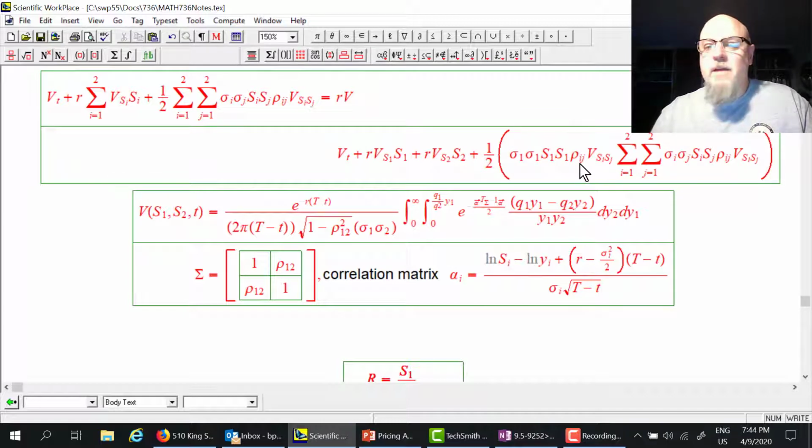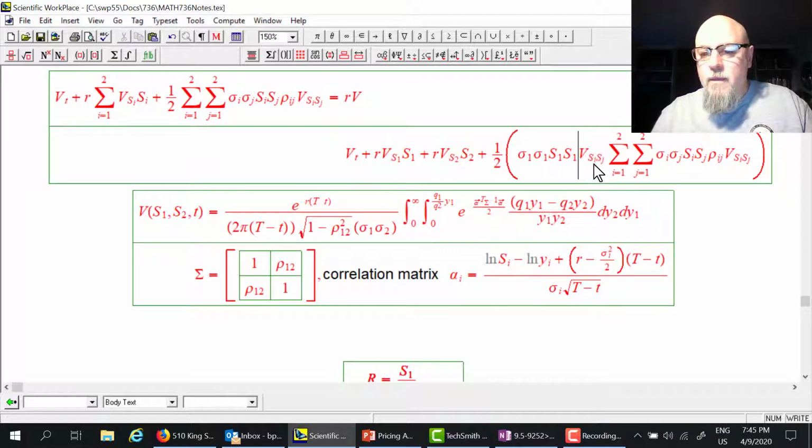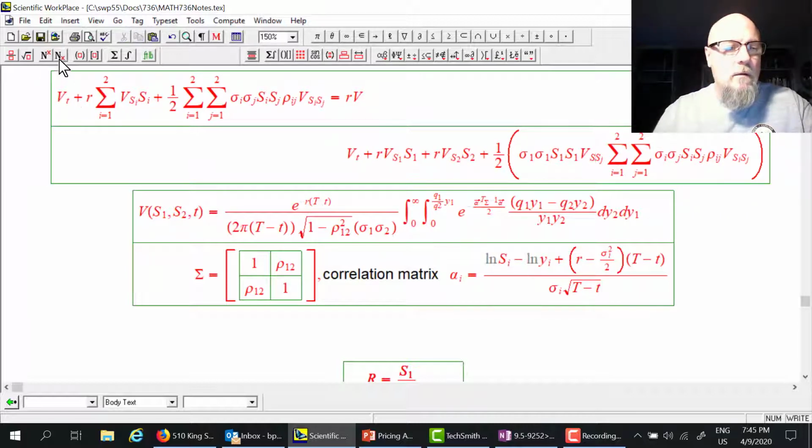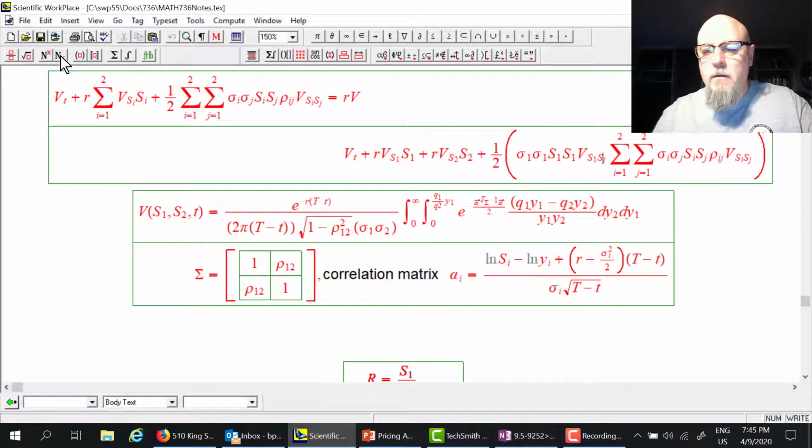That's the correlation between stock 1 and stock 1, rho 1, 1, which is just 1, so I'm going to get rid of it. And this is v sub 1, 1.